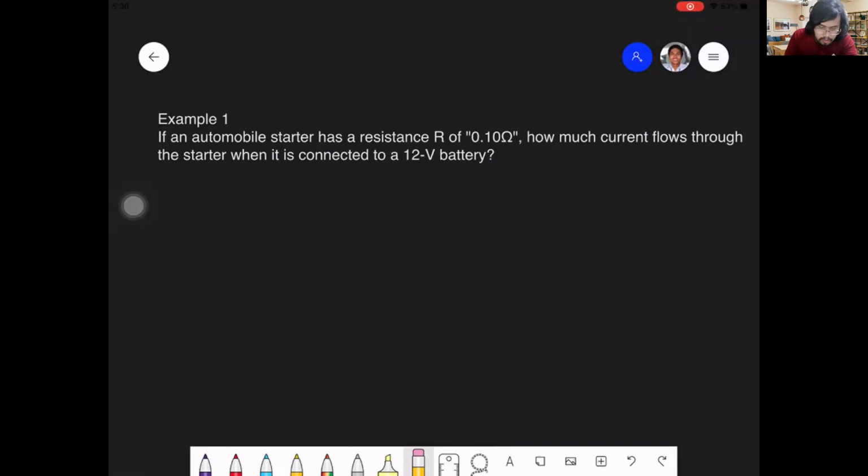Now let's start drawing the circuitry. We have a symbol for the starter, something like this, and it's connected to a battery that's 12 volts.